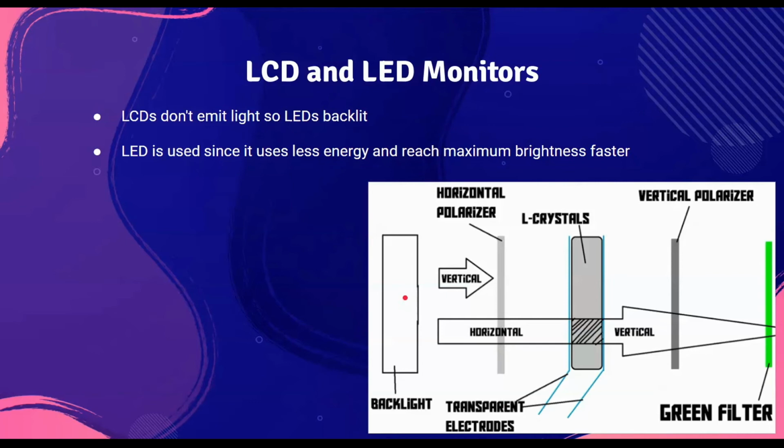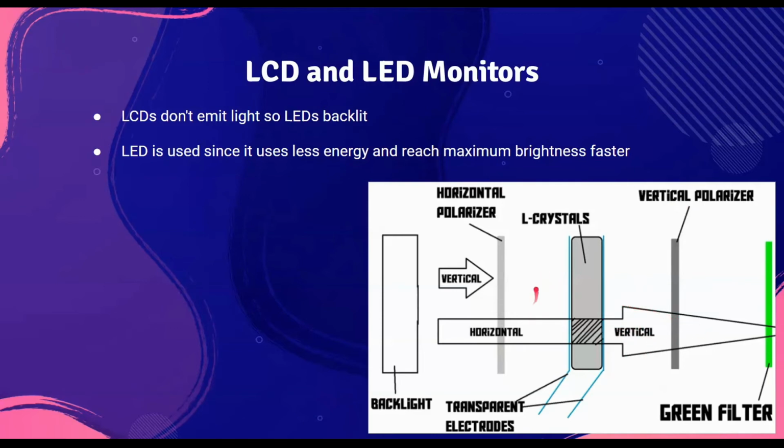In light, there are two types of polarization, which are vertical and horizontal. So this horizontal polarizer will only allow horizontally polarized light to pass on, and this vertical polarizer will only allow vertically polarized light to pass on.